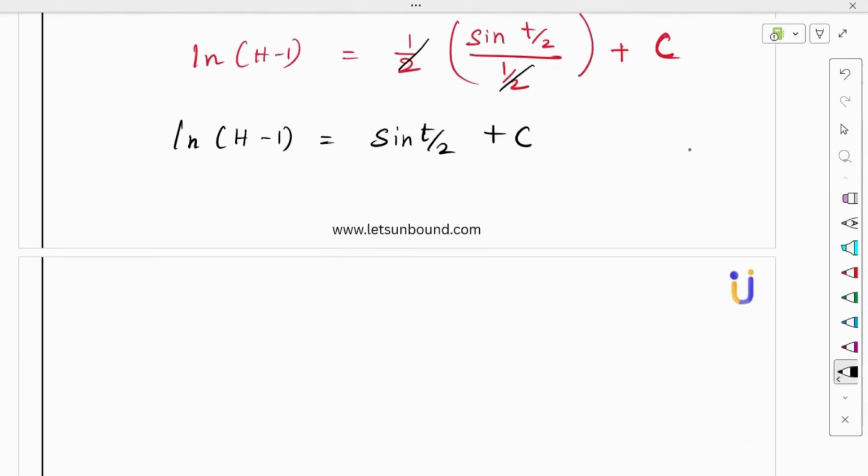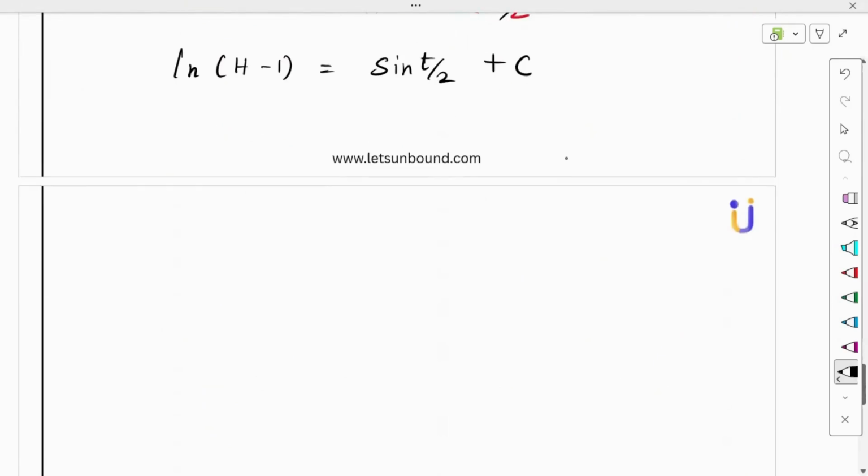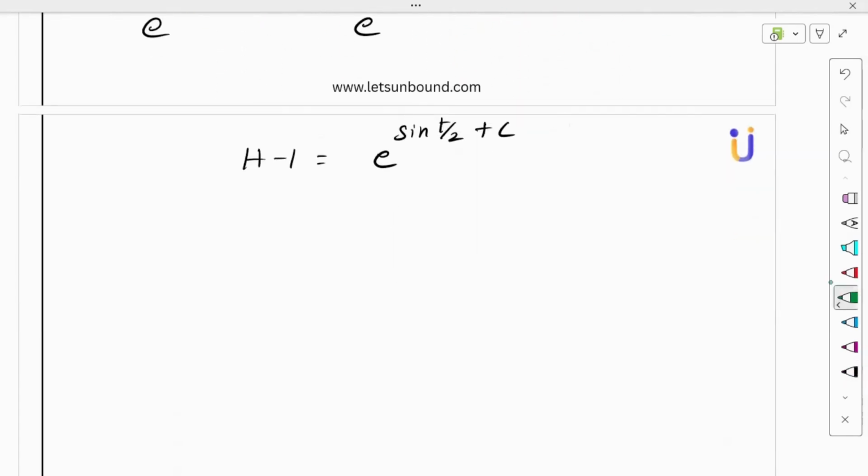Okay, now you need h is equal to, right? You have to make y as a function of h of t. So taking e power on both sides, e and ln will get cancelled. h minus 1 is e power sine t by 2 plus c. Now we're going to split this. You know this rule, right? e power a plus b is e power a into e power b. Like that we can do.